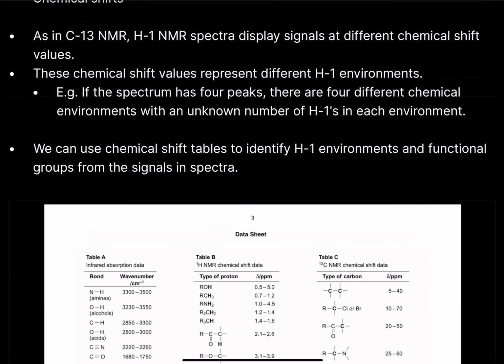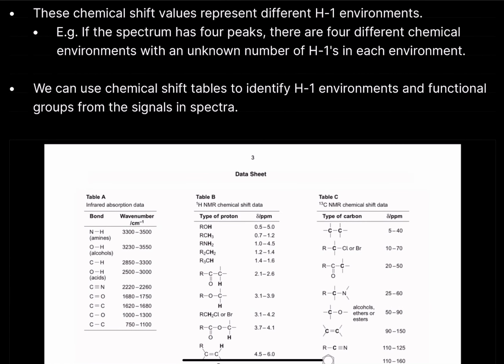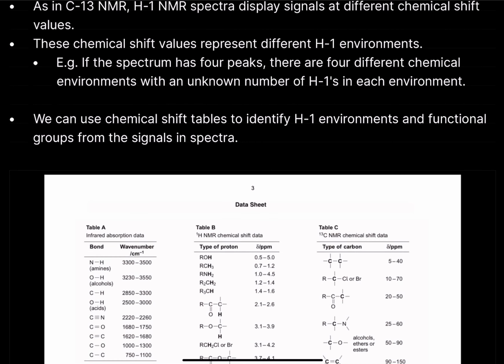Chemical shift. As in carbon 13 NMR, hydrogen 1 NMR spectra display signals at different chemical shift values, and these chemical shift values represent different hydrogen 1 environments. So, for example, if the spectrum has 4 peaks, there are 4 different chemical environments, with an unknown number of hydrogen 1s in each environment, which is pretty self-explanatory.